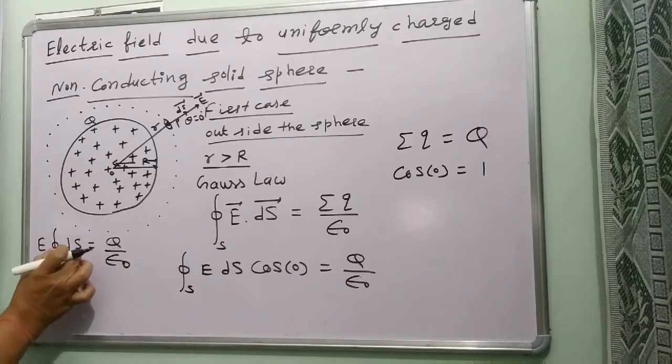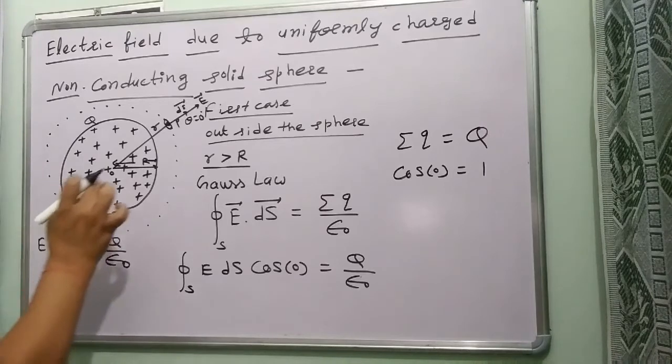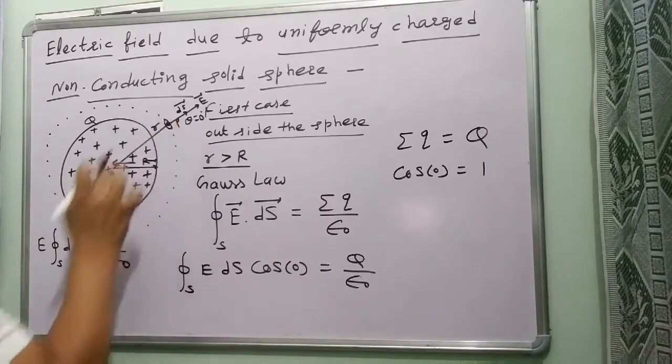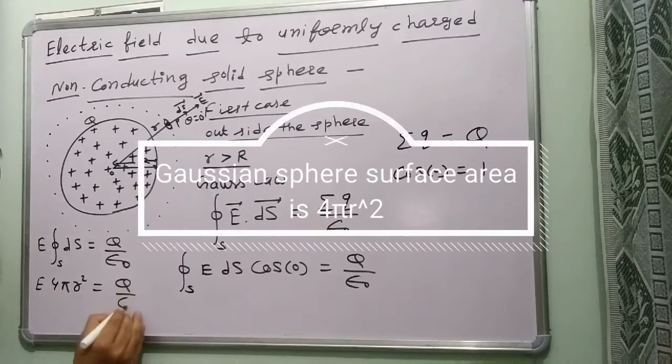The integral of ds is the surface area of the Gaussian surface, which has radius small r. Surface area is 4 pi small r square.